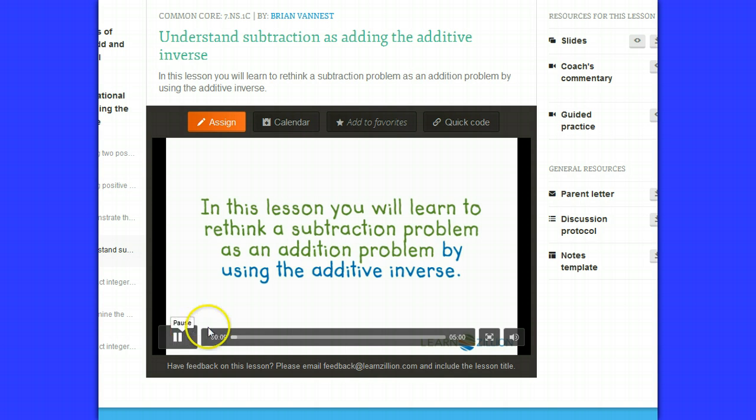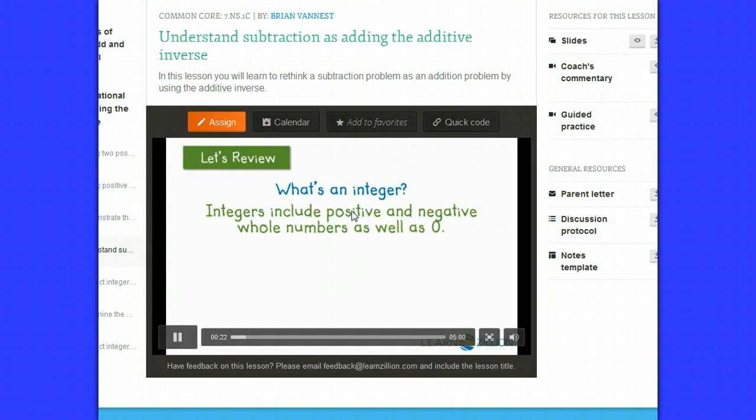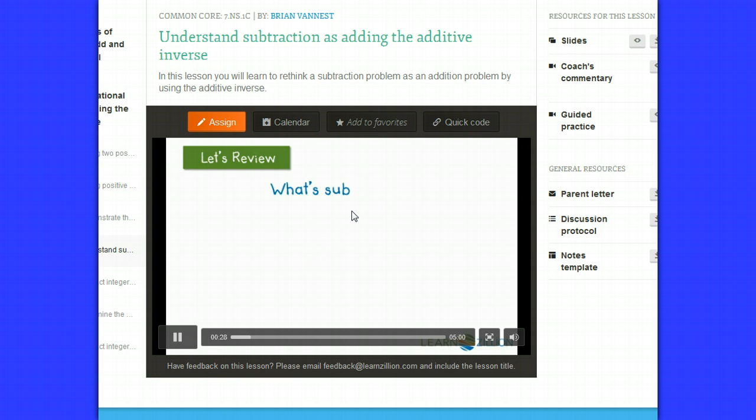I would probably write down what the lesson is about. But there are times when there's this review panel, whether it's in LearnZillion or some of the other ones. If this really is review and you've seen it again and again, I'm not sure I'd worry about getting every little sentence down.